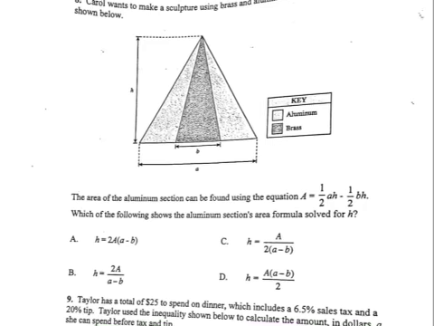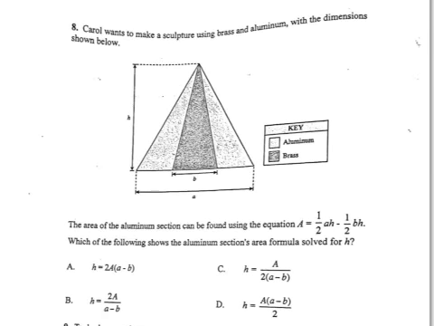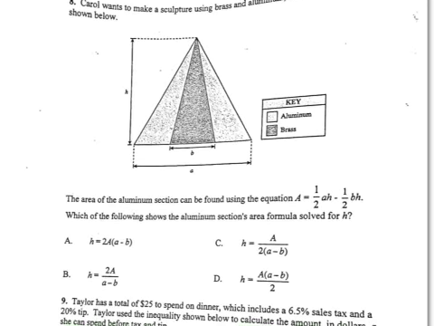Now on number 8, we have this diagram and an equation for the area of the aluminum section. And basically all they really want us to do is solve the equation for H. So I'm going to first get rid of the 1/2 by multiplying both sides of this equation by 2.